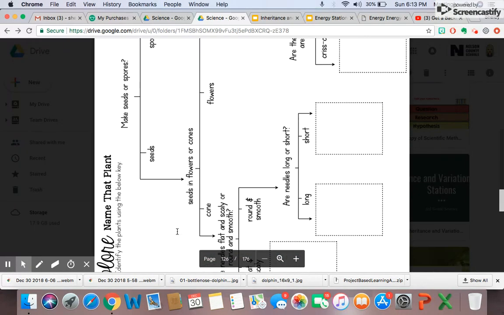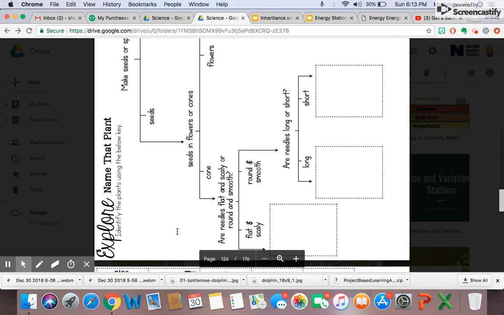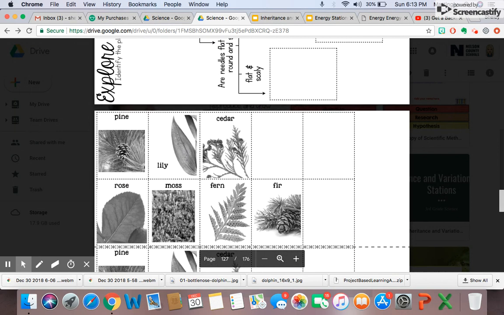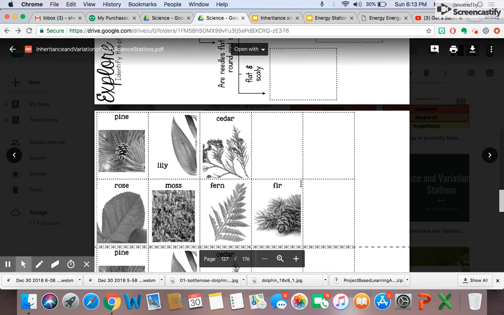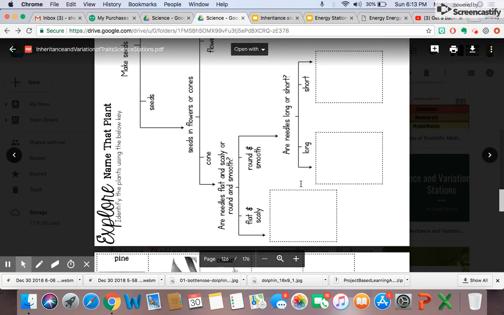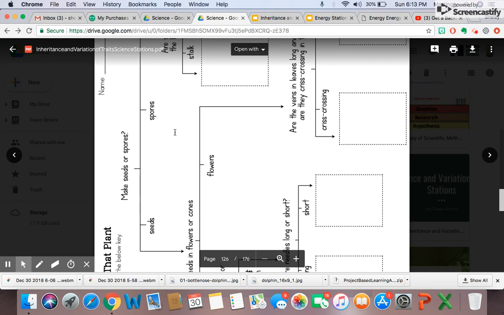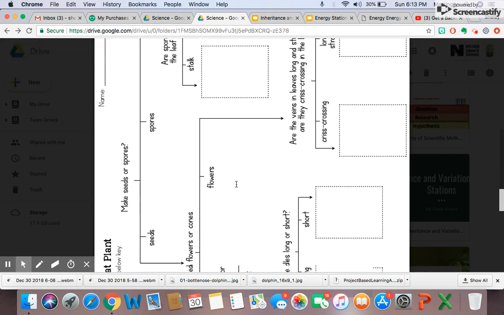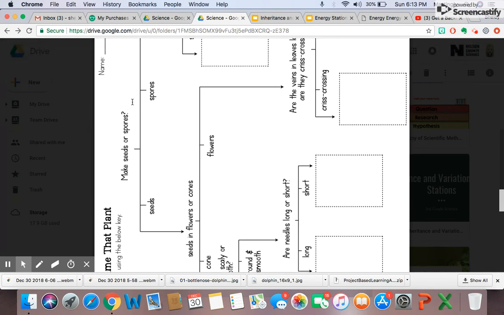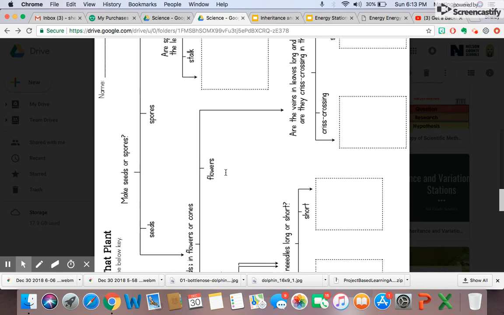So this is the key you'll be using, and these are the images you will be placing into the different spots on this diagram. So mine is sideways, but you can look at yours in your packet as I go through these instructions. So this diagram starts with the question, make seeds or spores.